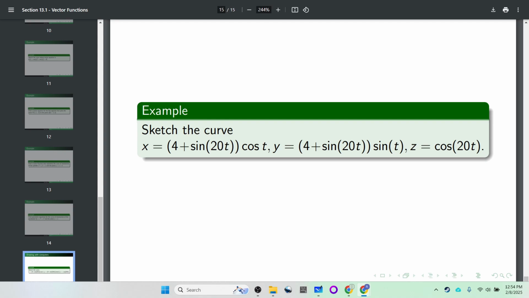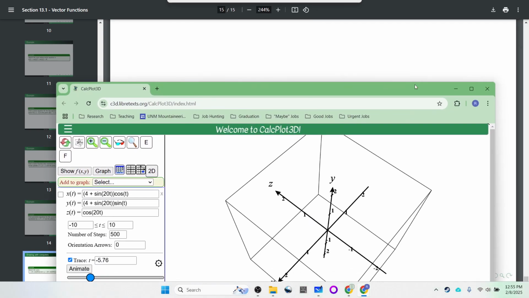I'm typing in another window so that I don't have to keep switching back and forth. 4 plus sine of 20t times cosine of t. 4 plus sine of 20t times sine of t and cosine of 20t. All right, let's see what that gives us.